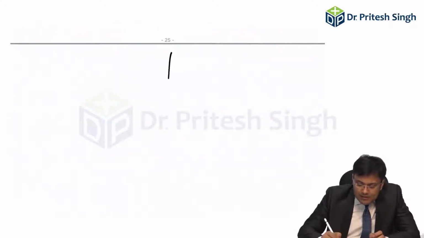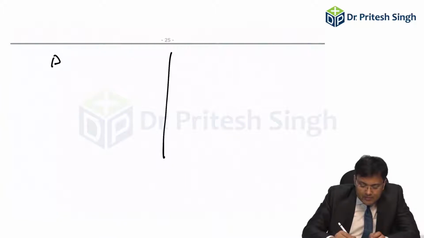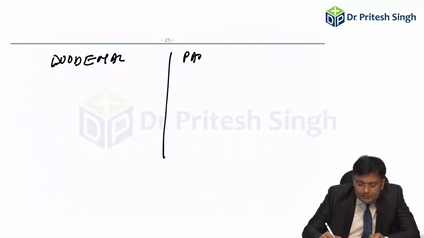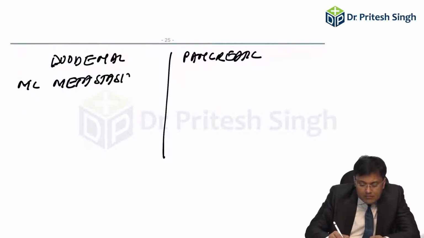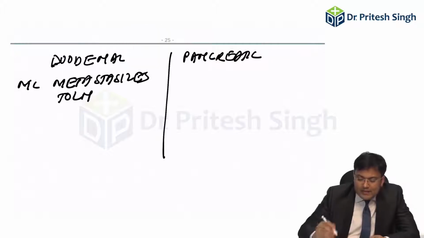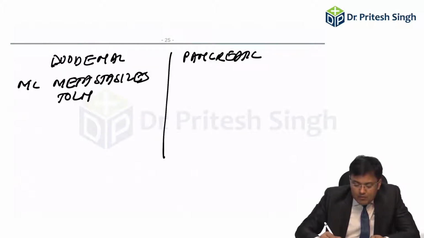The differences between duodenal gastrinoma and pancreatic gastrinoma. Duodenal gastrinoma most commonly metastasizes to lymph node, whereas pancreatic gastrinoma most commonly metastasizes to liver.